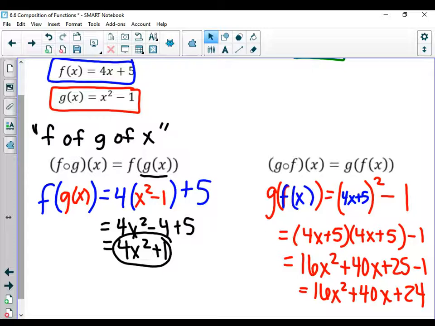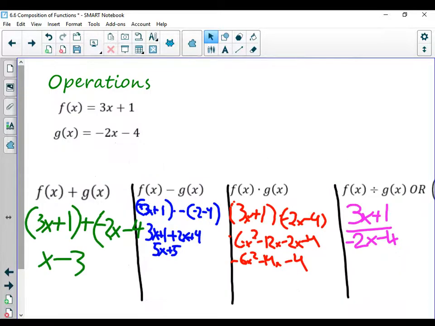So notice there's a difference between f of g of x and f times g of x. One thing I want y'all to put in your notes too, these can be written differently.